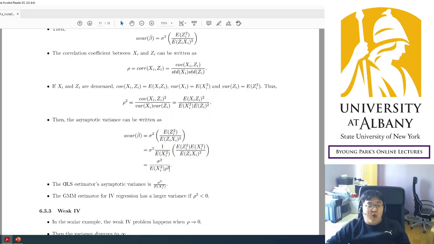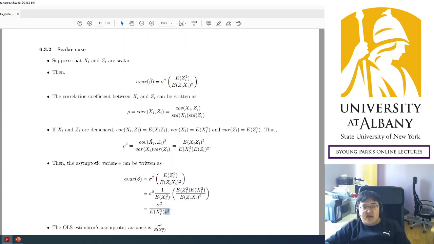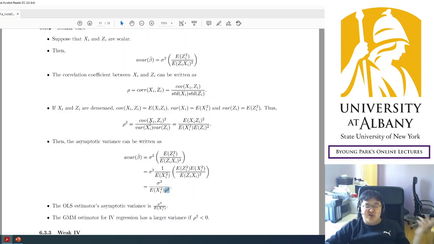And remember, OLS estimator had the variance like this. So the difference here is because you are using the instrument, your variance is divided by rho squared. Rho is smaller than 1, so divided by rho squared means your variance is amplified. So this variance will be the same as the OLS estimator if the correlation equals to 1, which means x equals to z. So that is the OLS.